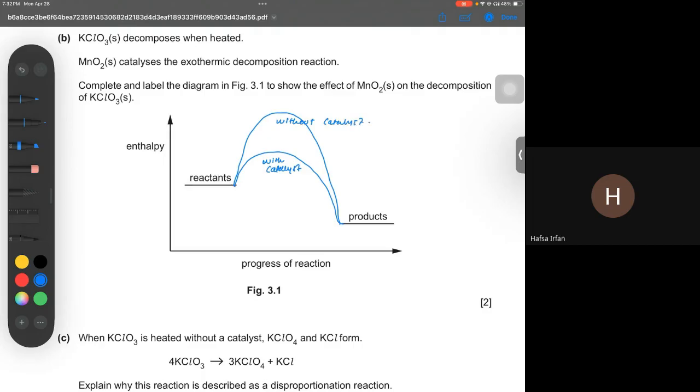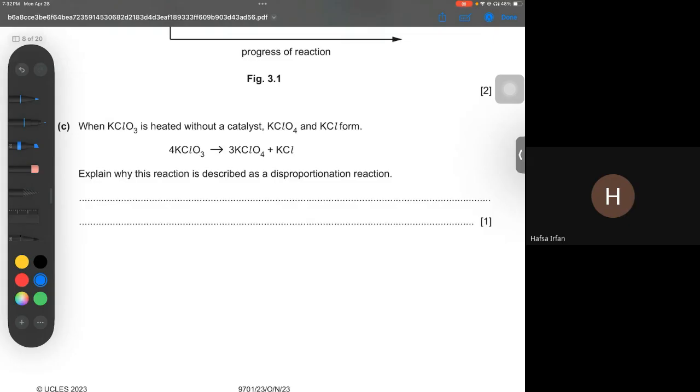Okay. Explain why this reaction is described as a disproportionation reaction. I told you disproportionation reaction is the one in which the same species is oxidized and reduced.